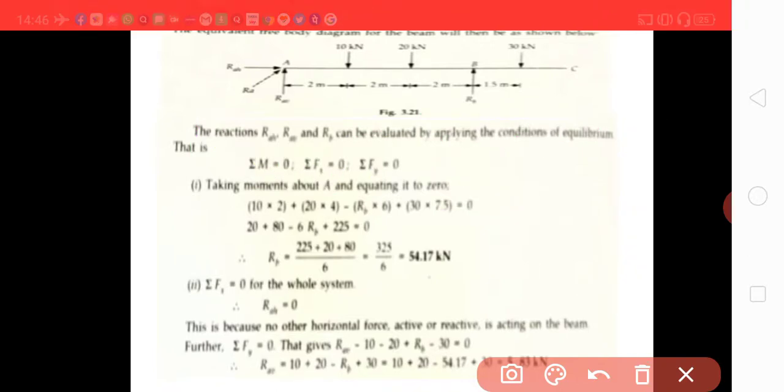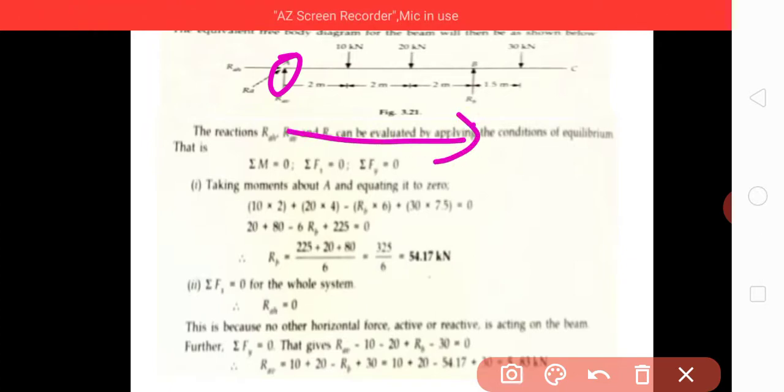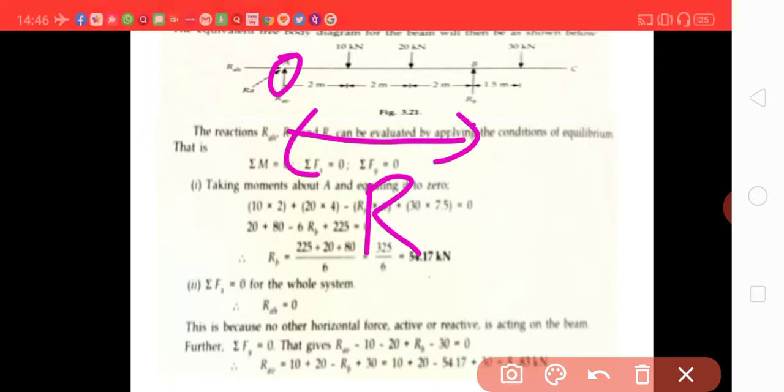Similarly, now take the moment about A of the known and unknown forces. Here, moment of this force will be equal to RB into 6, and its effect will be counterclockwise.